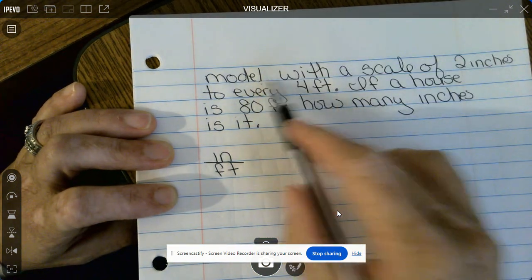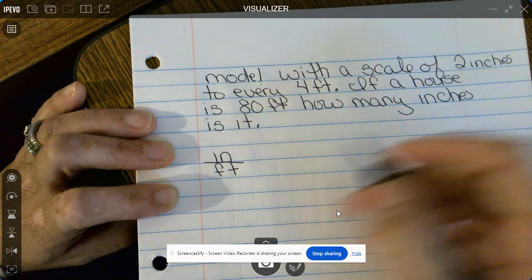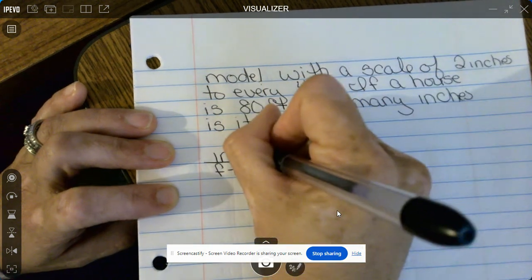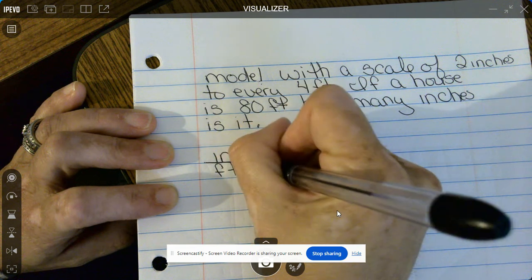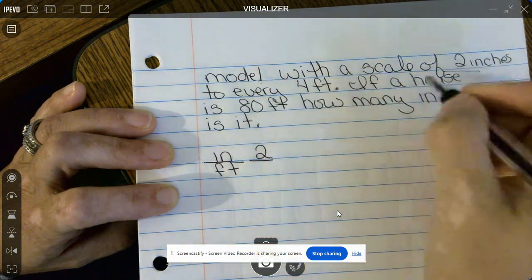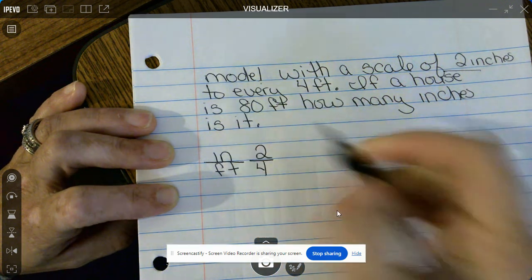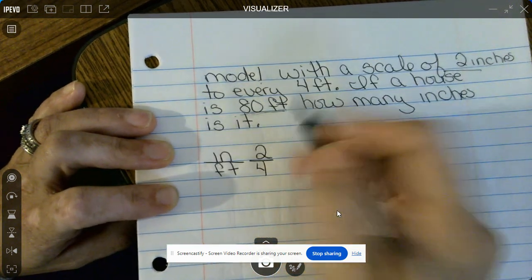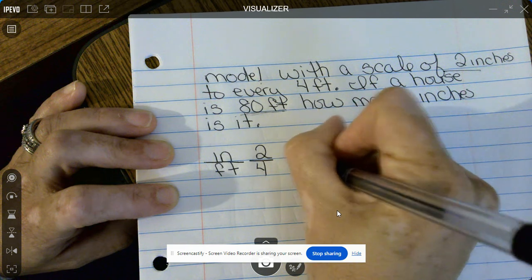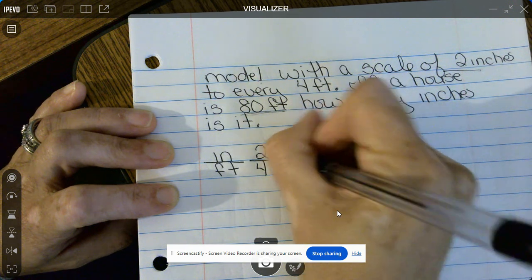All right, with the model, what goes on top? Yep, 2 inches right here, because it's talking about a scale factor for every 4 feet. So where is the 80 going to go? On the bottom, because it's feet.